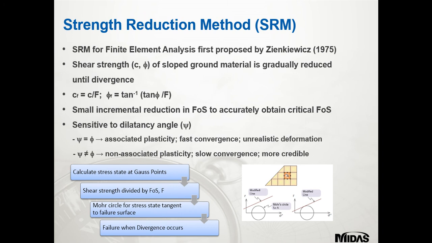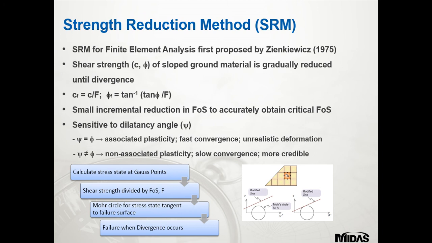The strength reduction method was proposed by Zienkiewicz in 1975. The shear strength parameters, cohesion and internal friction angle of ground materials, are gradually factored down till divergence occurs in the model. This is when the slope is said to have failed.